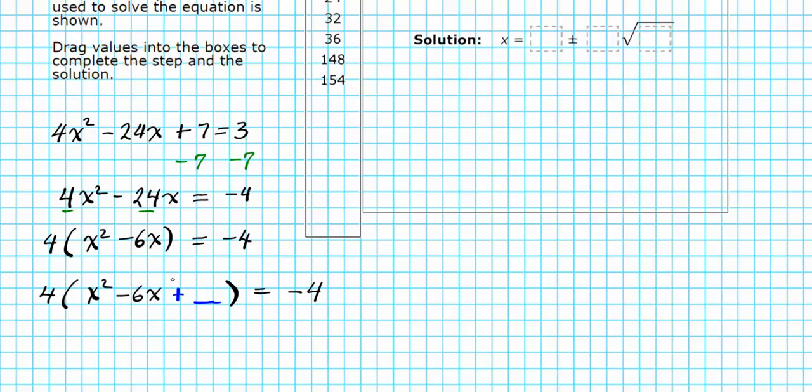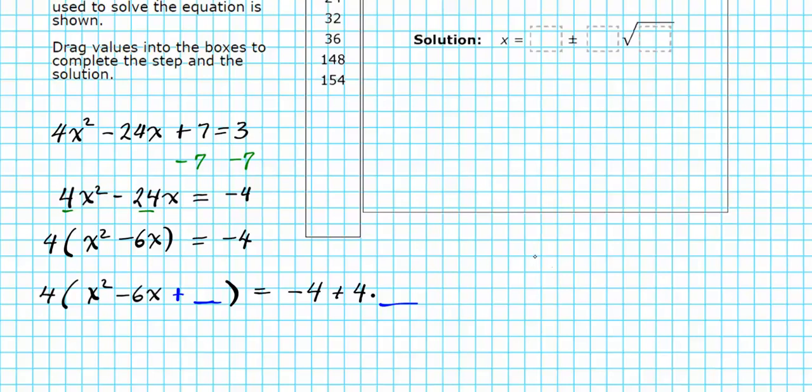Now, since we're dealing with an equation, anything you do to the left side, you must do the same to the right. So on the left side, we're going to be adding a number here, but there's a 4 on the outside. So on the left side, guess what? We're not just adding a number, we're adding 4 times that number because of the 4 that will be distributed to the new term we are introducing.